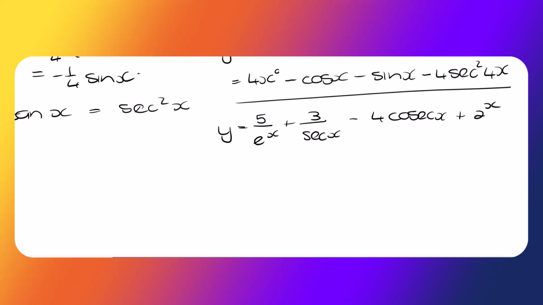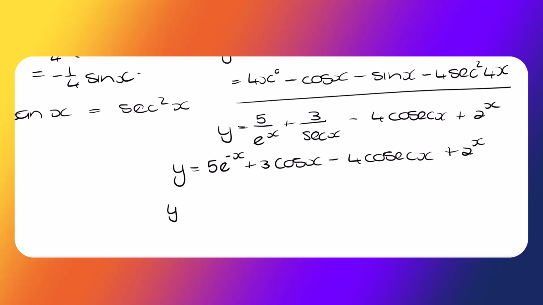So you must simplify. So I'm going to say y is equal to 5 e to the exponent negative x. Move it up, use your exponent laws. Then you're supposed to know that 1 over sec means cos x. Minus 4 cosec x plus 2 to exponent x.